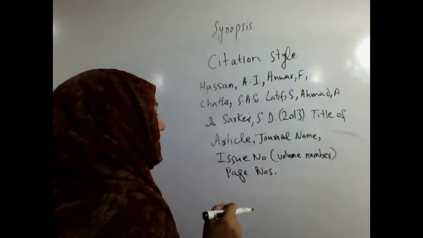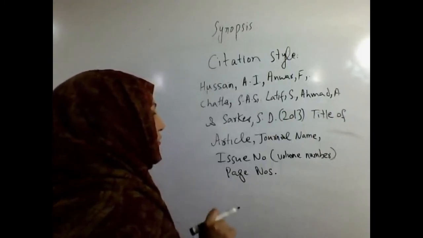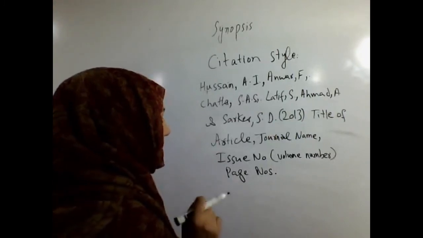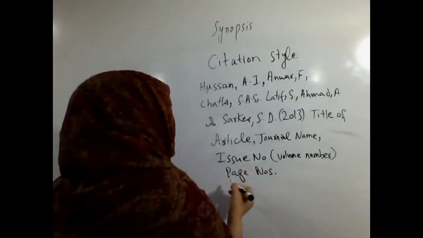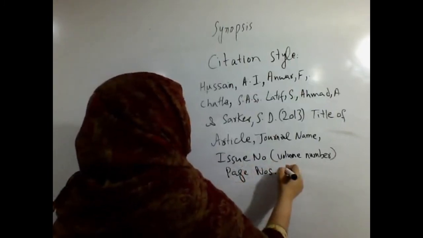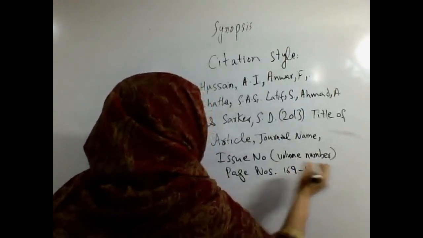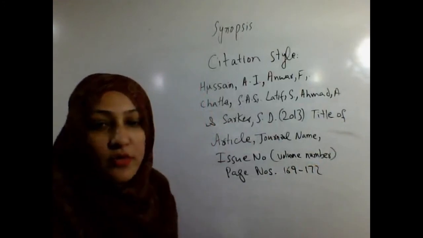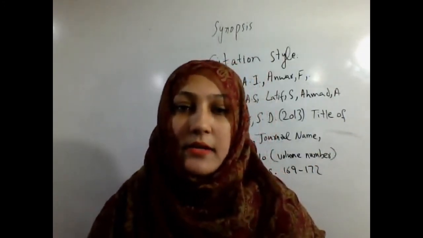After the journal name, you have to write the issue number, which issue in this journal this article is cited, the volume number of that journal, and the page numbers from the starting and ending in full digits. That's all about the citation style of the references in synopsis.